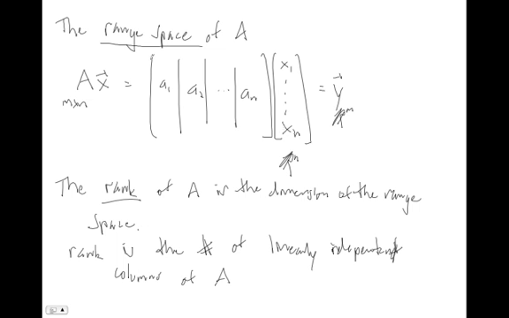So all of these definitions just point at each other and reinforce each other. It's great if you remember all of them, but you can redefine ones with respect to the other. To summarize this idea of range space and rank, you ask yourself this question: is y, the output vector, in the range space of A? If you say is y in the range space of A, what you're really asking is, can I make y by multiplying A by some vector x?